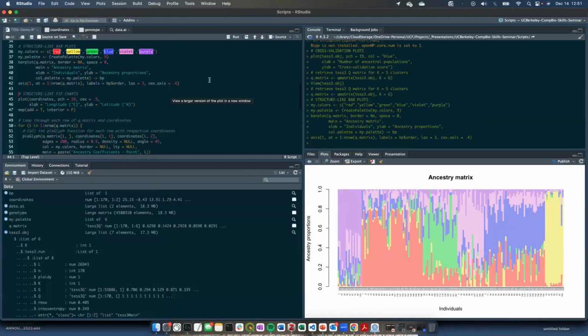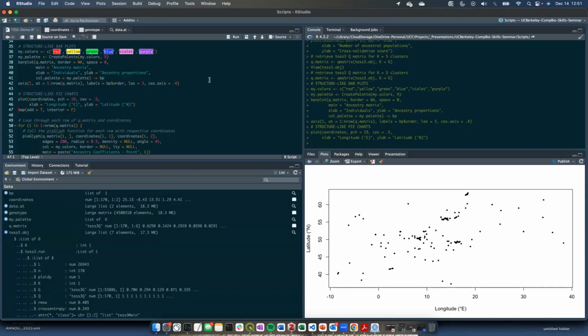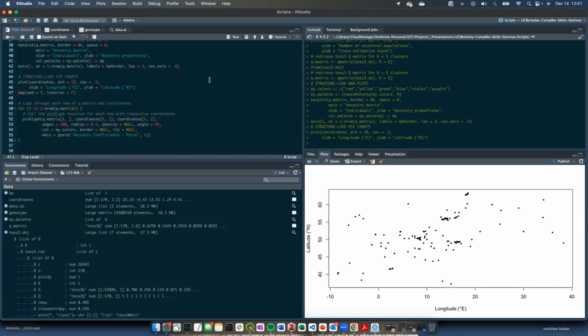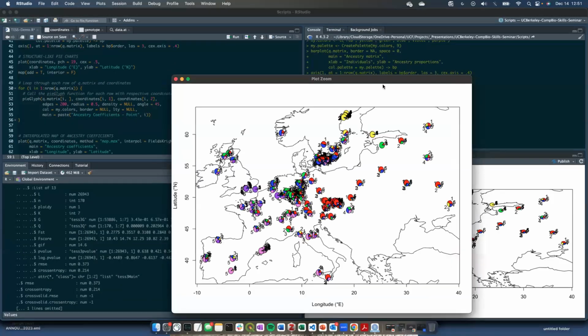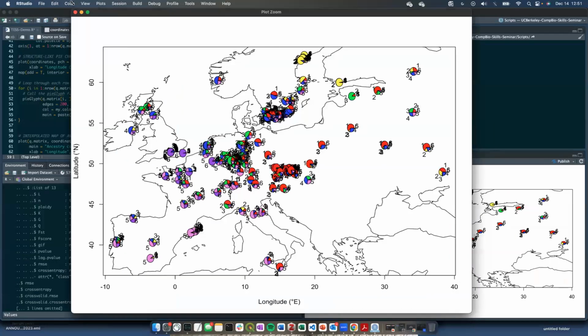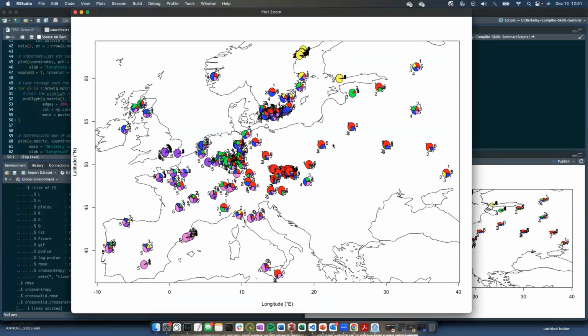And then we have our STRUCTURE-like pie charts that we can use to plot our data back on the map. We'll loop through plotting a pie based on those ancestry coefficients. And that looks something like this. So now we have our STRUCTURE-like plots that show our assigned ancestry per individual to each of those 6 ancestral groups.